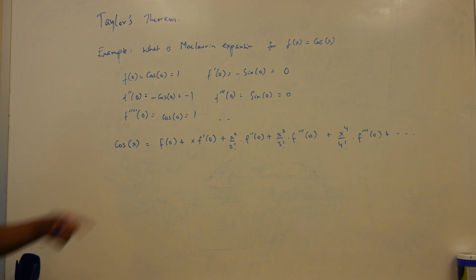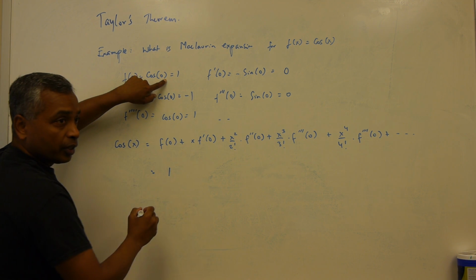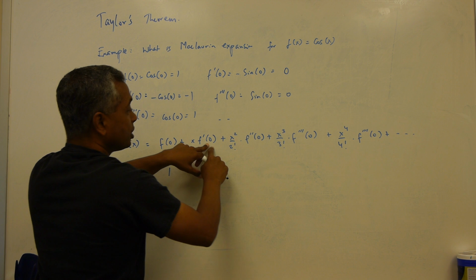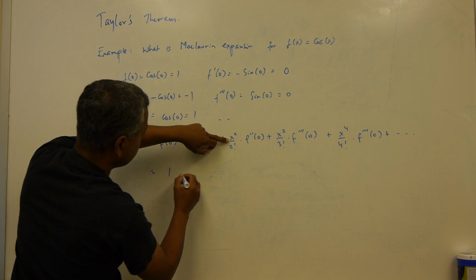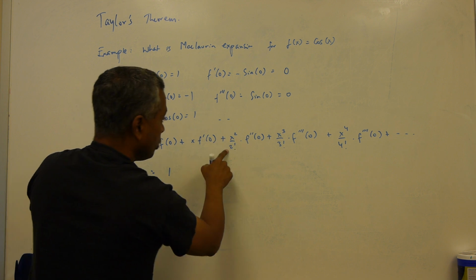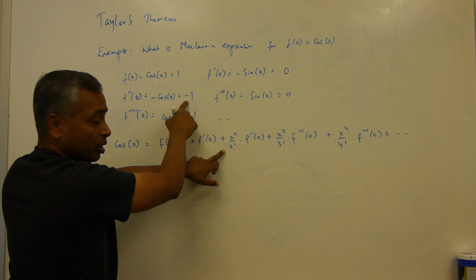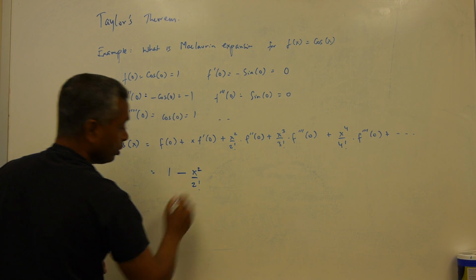So this simply becomes: what is f(0)? f(0) is 1. Now what is the first derivative? This is 0, so this term vanishes. So this is x squared divided by 2 factorial times the second derivative. The second derivative is minus 1. So I'm going to write this as minus x squared over 2 factorial.